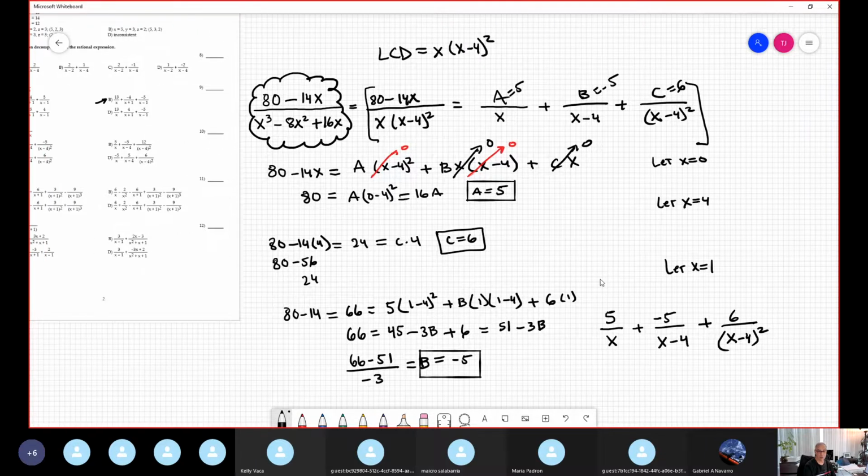That means that they are equivalent 100%. So now you take advantage of this fact because in calculus it's super complicated to find the integral of this expression. However, it's super easy doing it step by step.